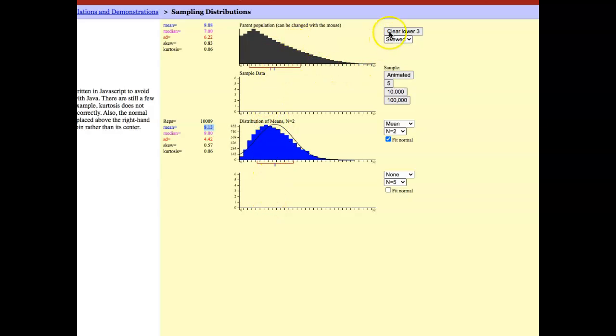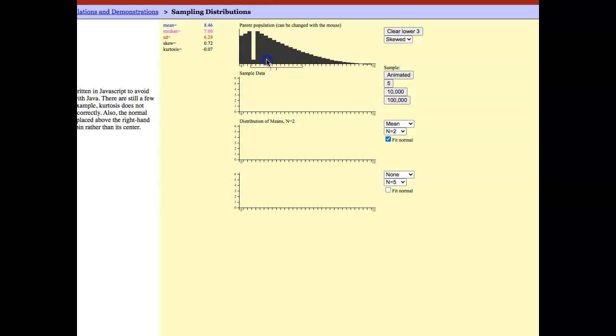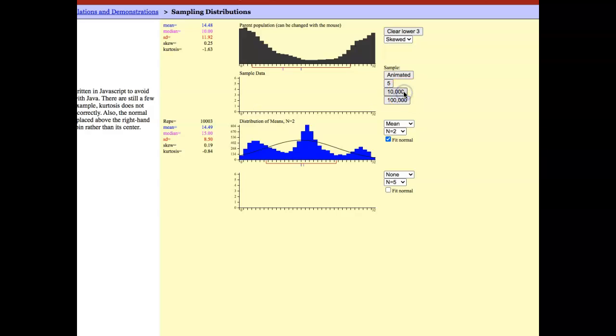Let's do a different parent population. Let's do maybe like a bimodal one. Oh, shoot. All right, I'll make it bimodal. There we go. All right, so again, if I take a sample, 1, 2, take their average, 1, 2, take their average. Now I'm going to do that 10,000 times.